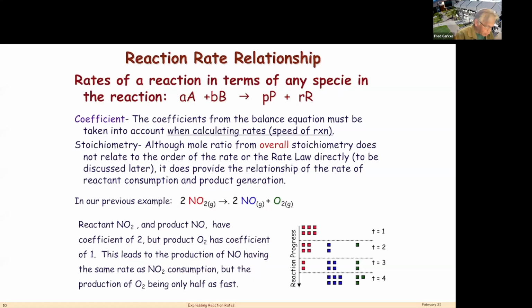So what's really going on? Let's take a look at NO2 and NO. Initially, all you have in, say, a reaction is NO2. And this is the balanced equation. 2 NO2 goes to 2 NO and 1 O2.